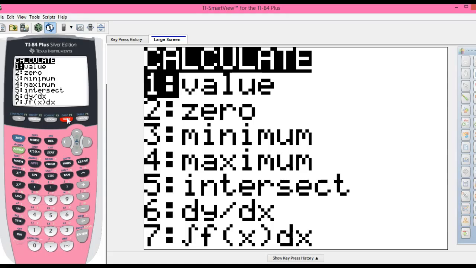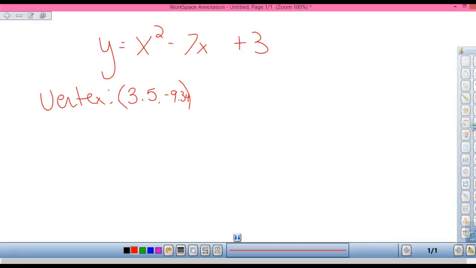Yep. Okay, so I'm looking for the zeros. Now, how many zeros do I have? My graph looks like this, right? Something like that, kind of, sort of? Okay. All right, so how many zeros do I have?